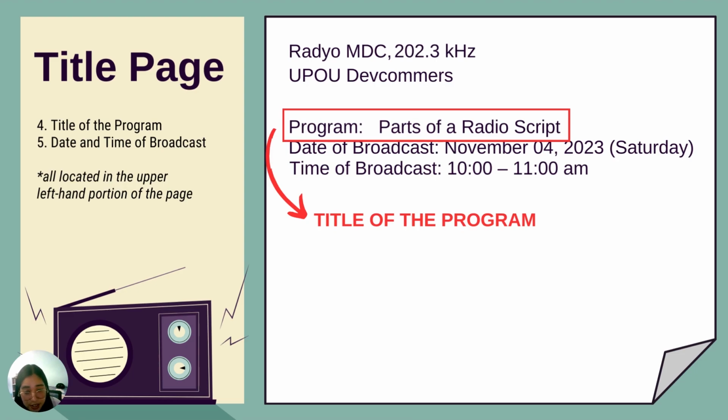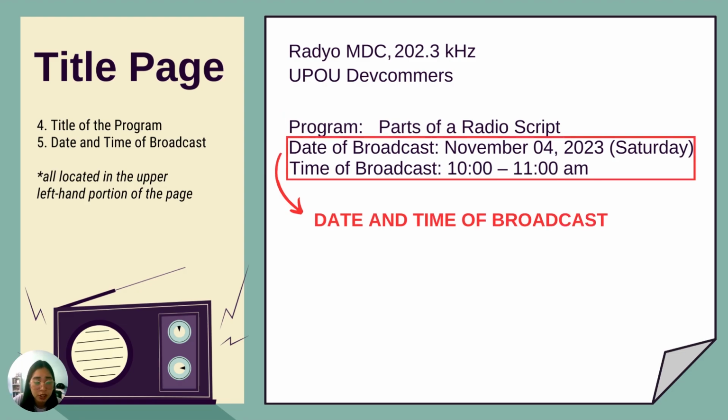Below the station box, we have the title of the program, the date, and the time of broadcast. In our example, the title of the program is Parts of a Radio Script. In the date of broadcast, we include the month, the date, the year, and the day of the broadcast.